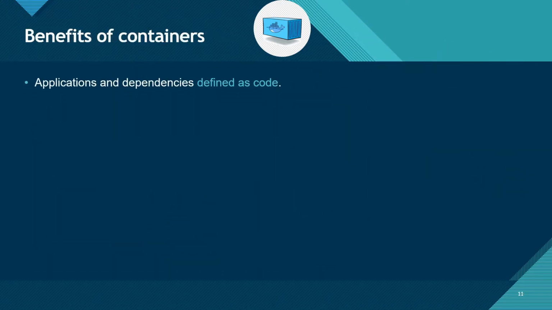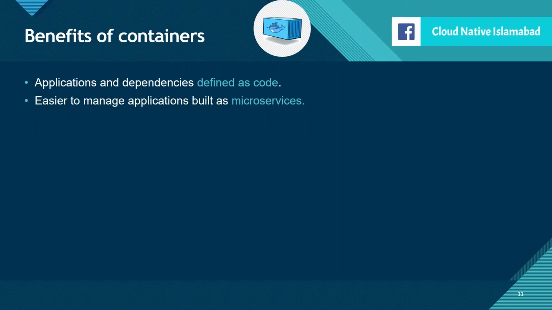So the best benefit we have with containers is that the application and its dependencies can be defined as code. We can define everything our application needs alongside its dependencies using a YAML construct that we will see later in our session. It's also much easier to manage a microservices environment using containers.